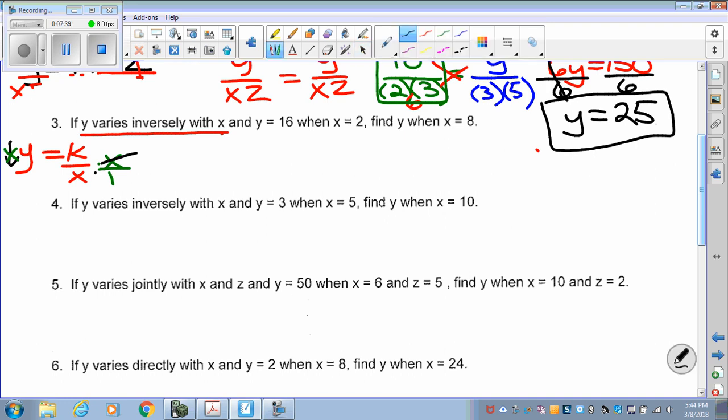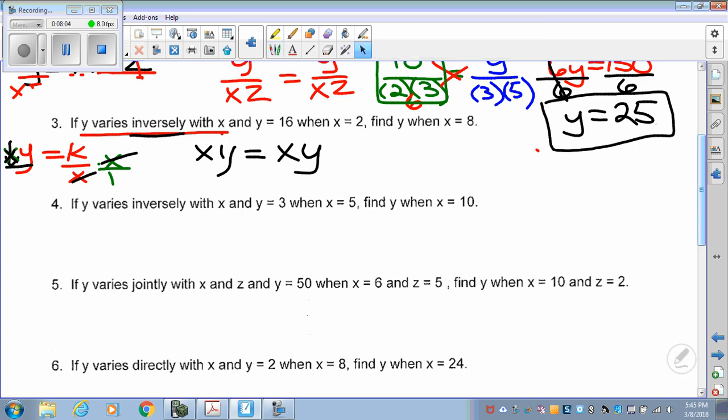One in the top, one in the bottom, so that would be k equals x times y is equal to k. Over here I have x times y equals k. So if that's a constant, then x times y is always going to be the same. So I can set it up like that, and that's for an inverse relationship.